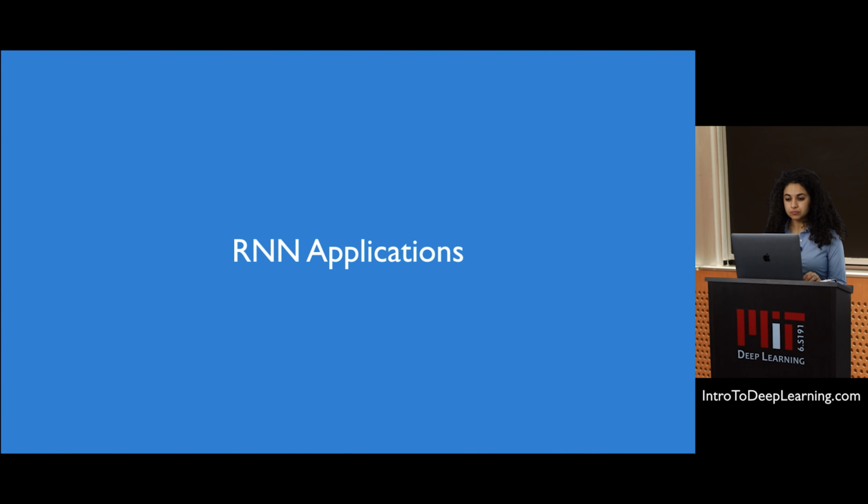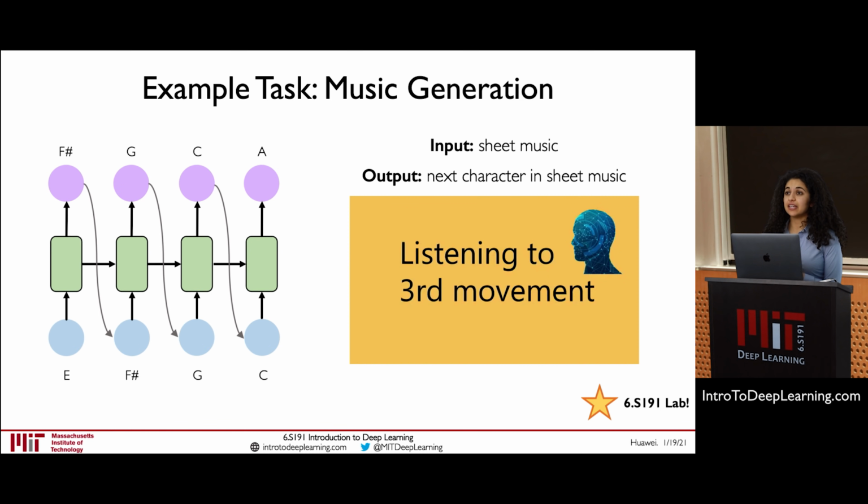All right. So now that we've gone through the fundamental workings of RNNs, been introduced to the backpropagation through time algorithm, and also considered the LSTM architecture, I'd like to consider a few very concrete practical examples of how recurrent neural networks can be deployed for sequential modeling, including an example that you'll get experience with in today's lab. And that's the task of music generation or music prediction.